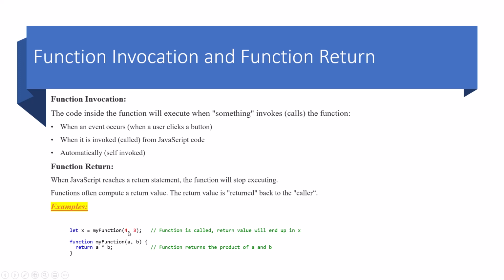With the parameters 4 and 3, the multiplication of 4 and 3 will get saved into the x variable. This is the caller and this is the invocation of the function. The function is called, and the return value will end up in x. So this is the basic example of how invocation and return of the function works.